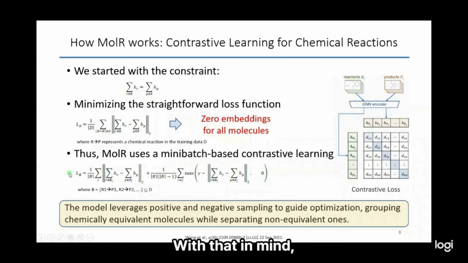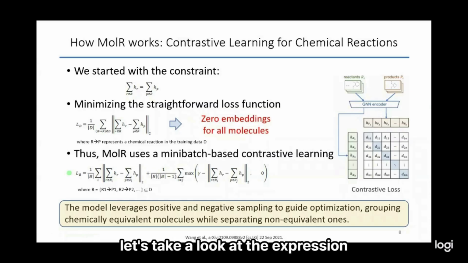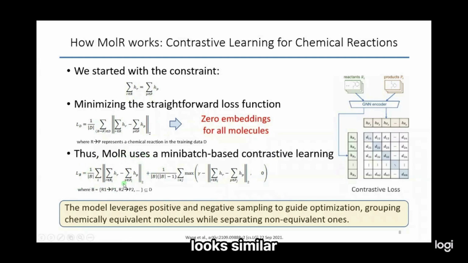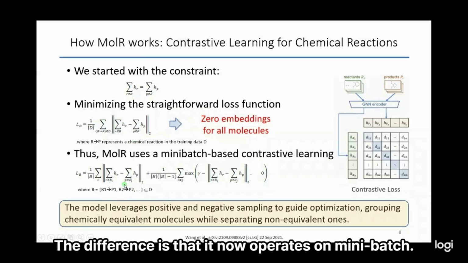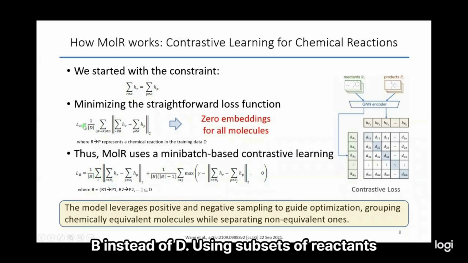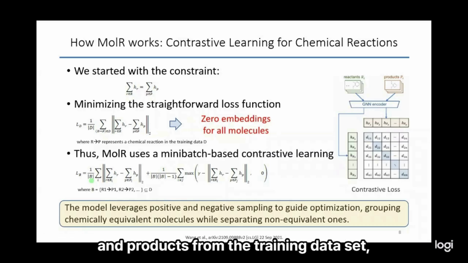With that in mind, let's take a look at the expression for the new loss function. The first term in the expression looks similar to the straightforward loss function. The difference is that it now operates on mini-batch B instead of D, using subsets of reactants and products from the training dataset.